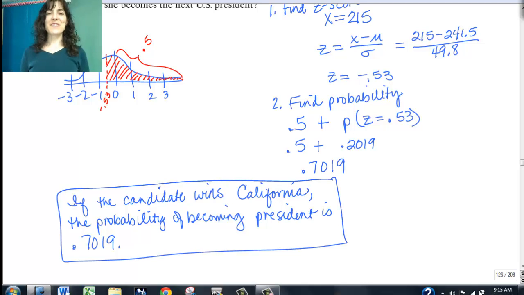So their chances are 70%. That's pretty high. So California is the state to win.